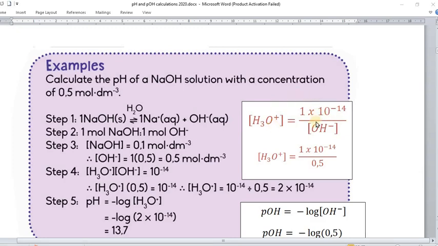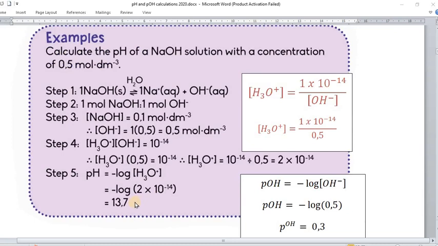From here, you substitute the value, then it gives you 2 times 10 to the power 14. So that's the concentration of hydronium ion. Now substituting into your formula, and make sure that you write the formula as it is, you are getting your answer.